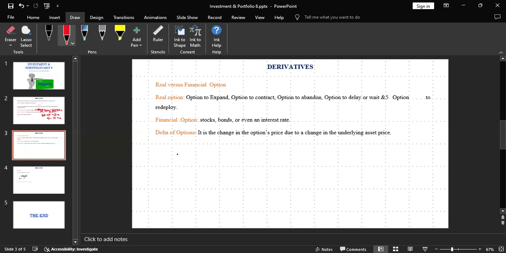So delta of option is saying that a change in option price is due to a change in what? The underlying asset price.